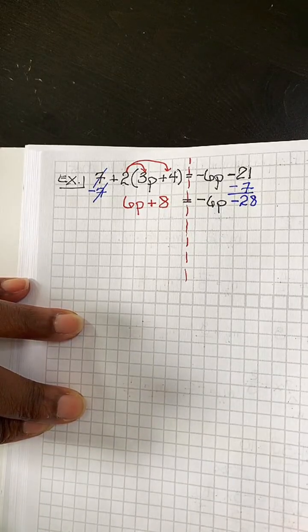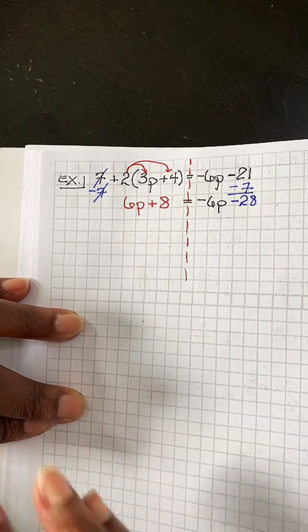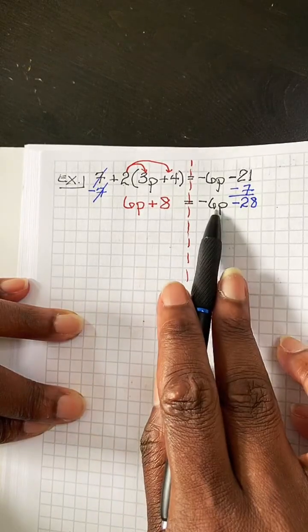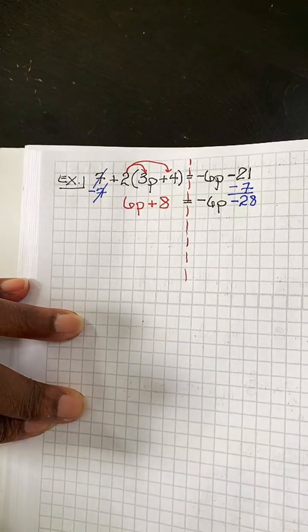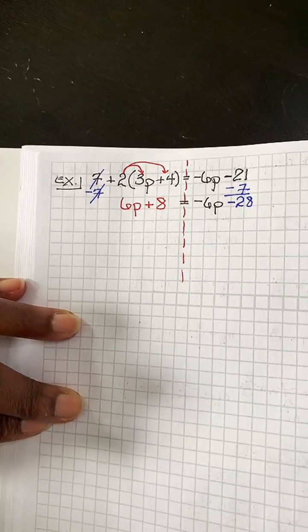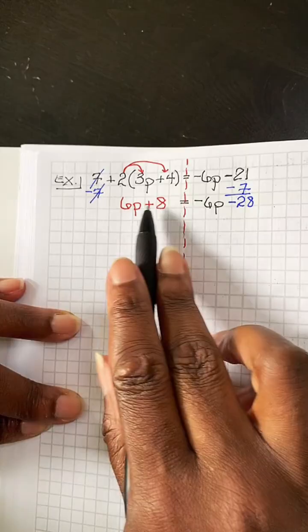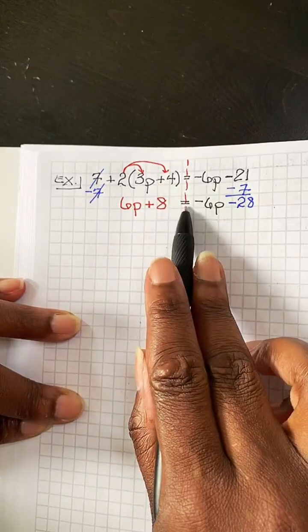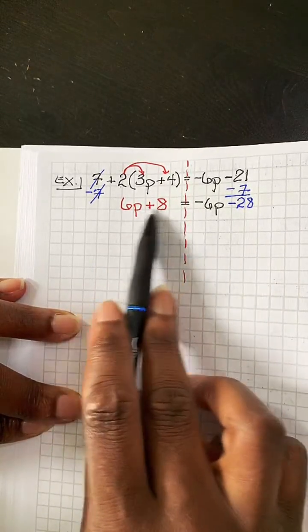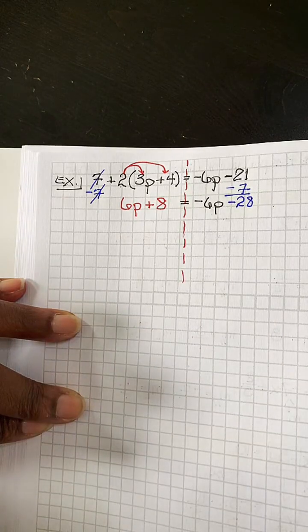All right. Now, I know for a fact someone is looking and they're saying, oh, there's a 6p here and there's a minus 6p here. Okay, that's 0. No, it's not 0. Okay, because one's on one side of the equal sign, the other one's on the other side of the equal sign. If they were both on the same side, yes. They were both on the same side, absolutely.